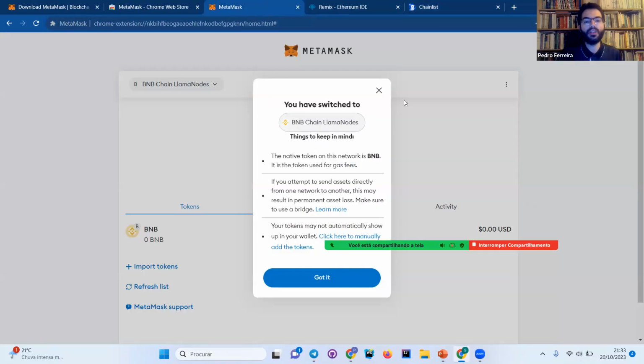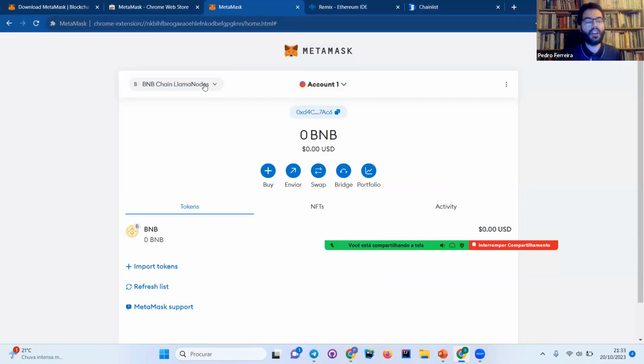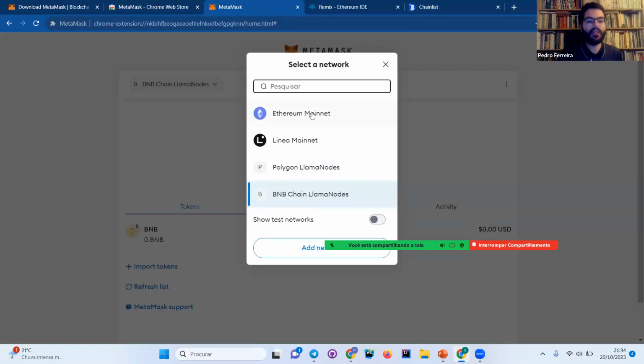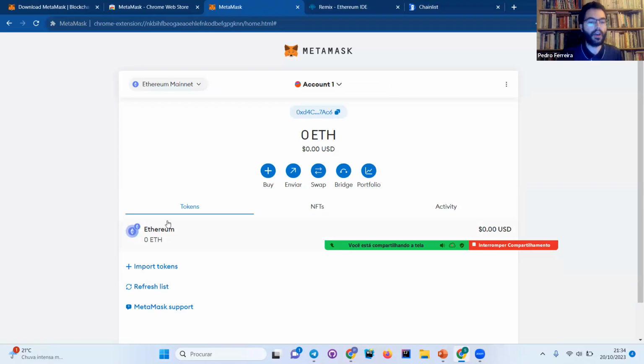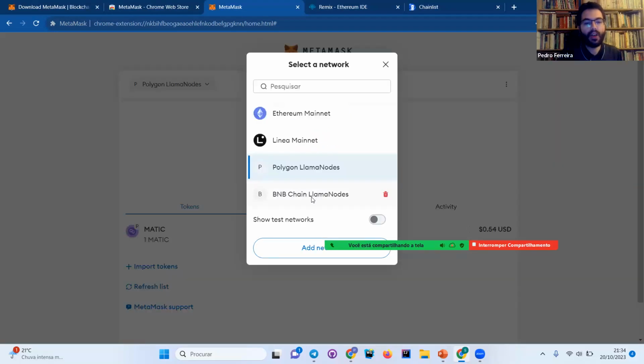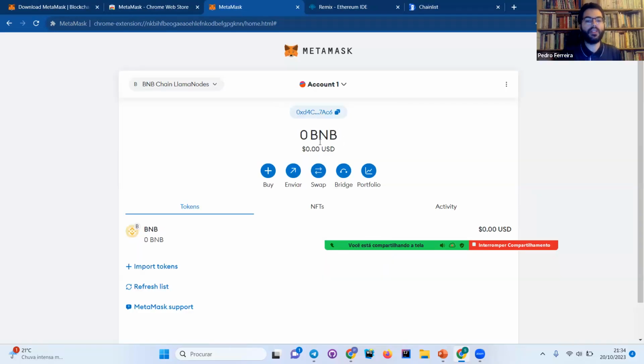Your wallet is where you have your assets, and you have certain types of assets in Ethereum. For example, in Ethereum, you have ETH that represents the Ethereum. In Polygon, you have Matic. In BNB chain, you have BNB, which is basically the asset of each chain. Right now, I'm going to send you some BNB and some tokens so you can interact with this protocol.